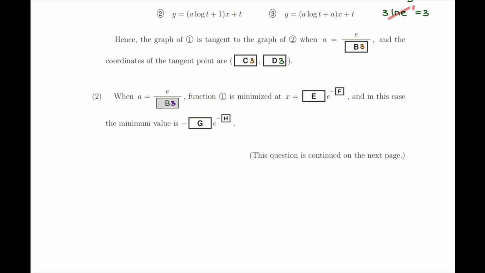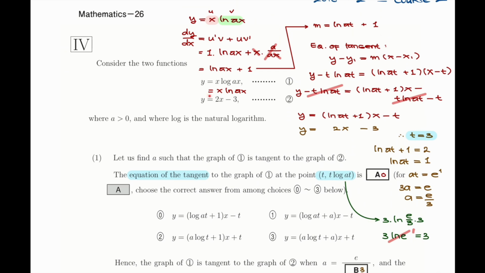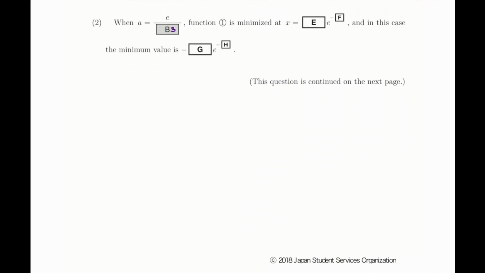So we want to find the value of x that can minimize function 1. Function 1 is x ln ax. This is our function 1. So I want to find the value of x that can minimize x ln ax.